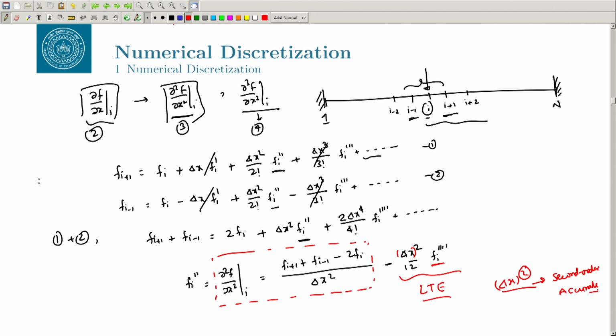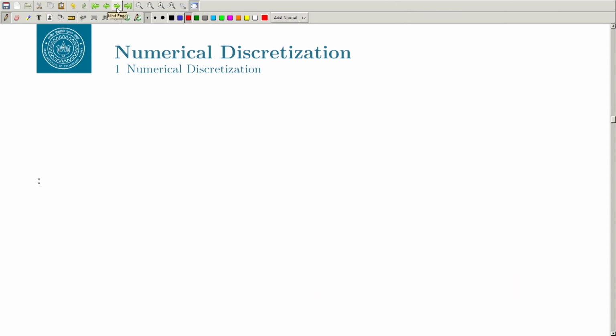So, we got the approximation for the second order derivative. We can also use that in a different way. Let us say you write del squared f by del x squared at i.